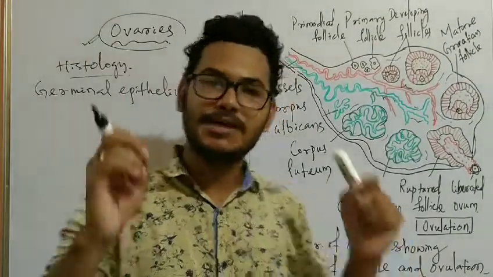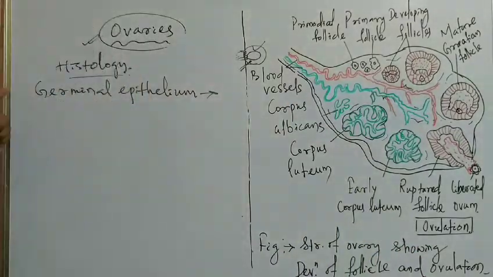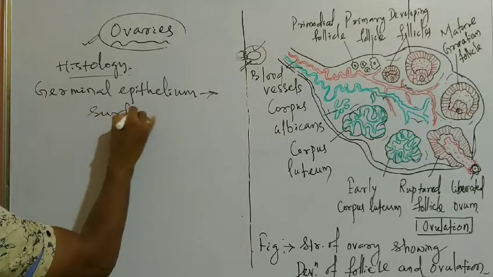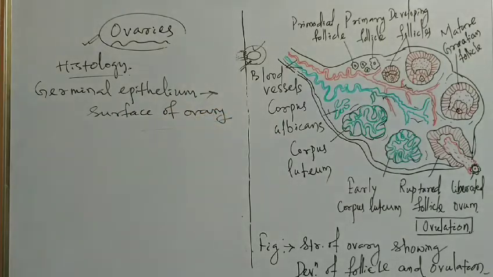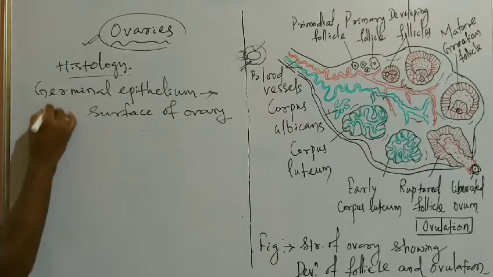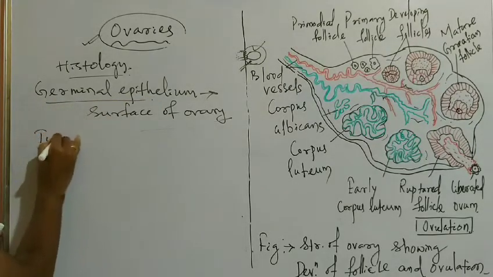It is the simple squamous epithelium that covers the outer surface of the ovary. So that is the germinal epithelium, and another term is the tunica albuginea.